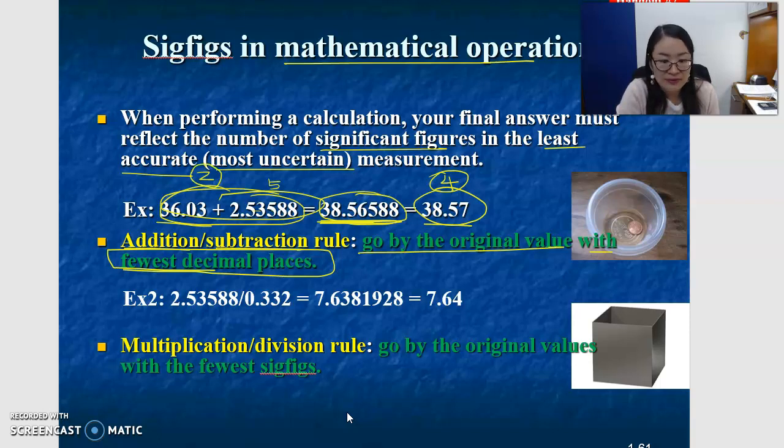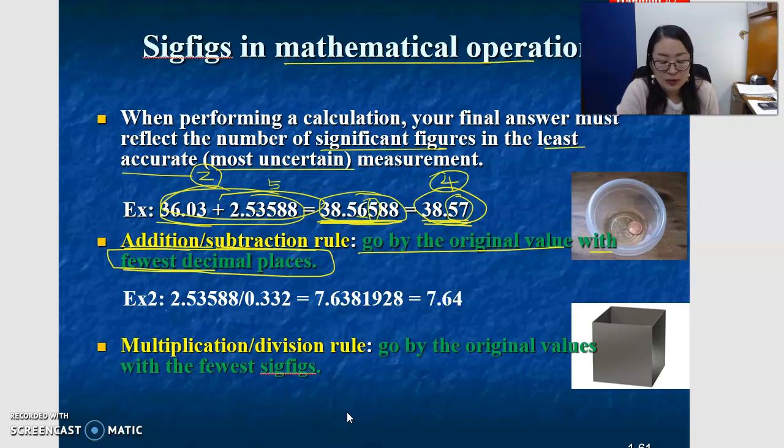So that means my final answer only has to have 2 decimal places. But why did I change 6 to 7? Because the number after the 6 is 5, so I need to round that up. Therefore, I end with 38.57. That's for addition and subtraction.